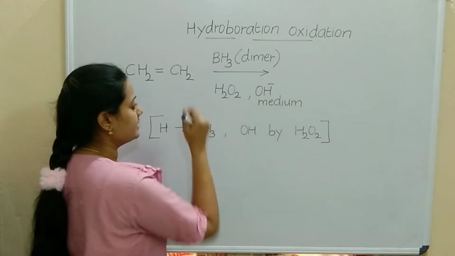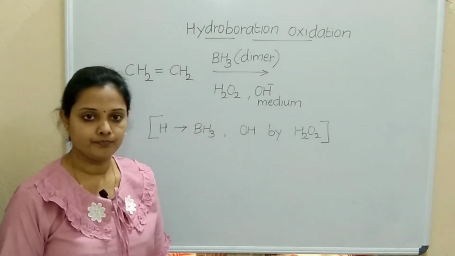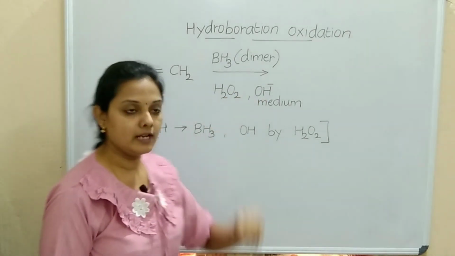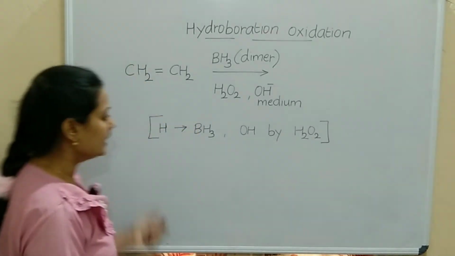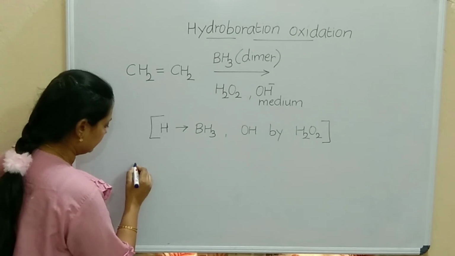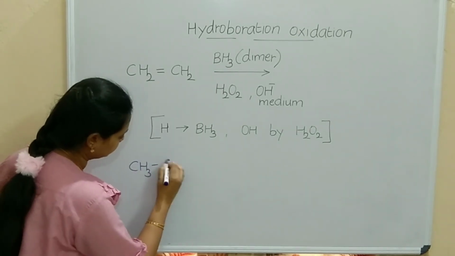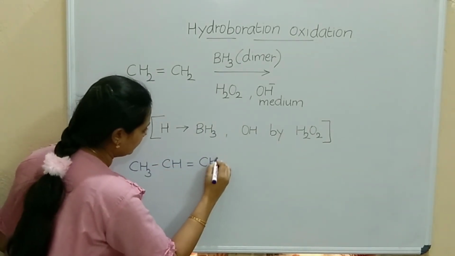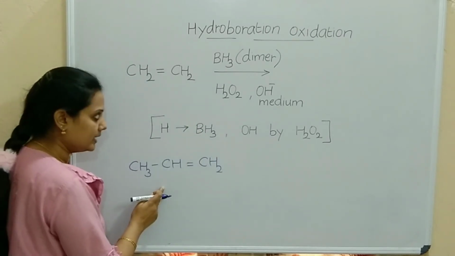Okay, that happens in the presence of H2O2, right? In the presence of an alkaline medium also. We'll check with the symmetrical alkene and unsymmetrical alkene. The same examples we will take. One is ethene, one is propene.